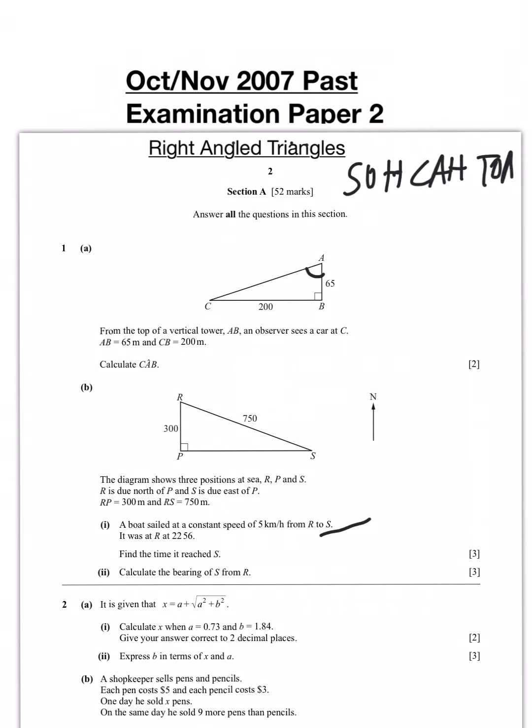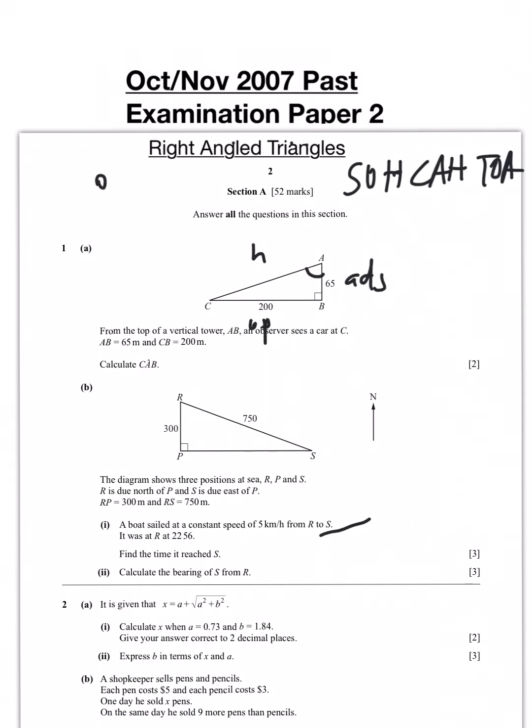Now, hypotenuse we are not given. Remember, our opposite is this side, and adjacent this side. So what we have there are opposite and adjacent.